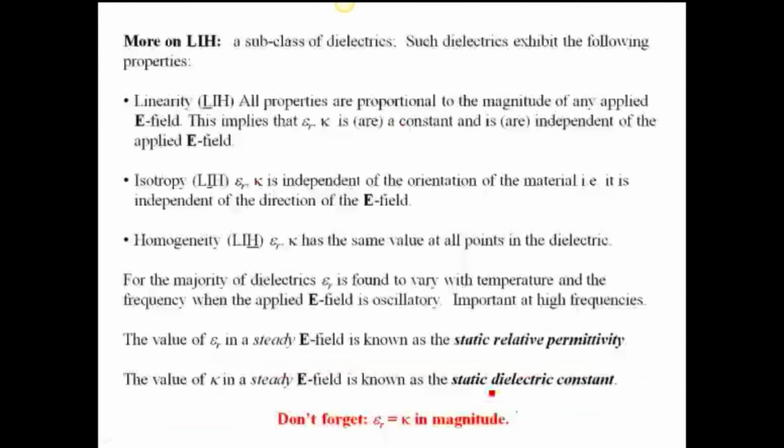Just to go through this LIH nomenclature, this is a subclass of dielectrics. It has the following properties. It is linear, so this is just like what we said before. It's linear in the fact that the polarization and the E field are proportional. What that implies is that these constants are independent of the applied E field.